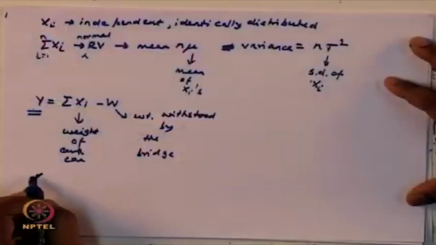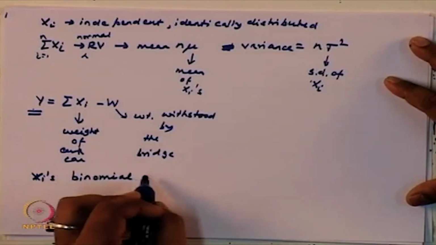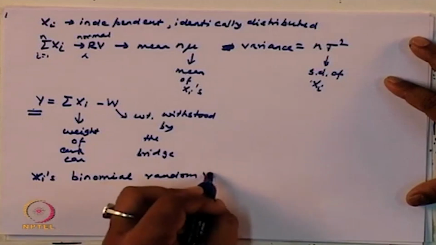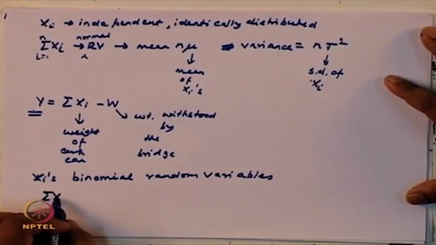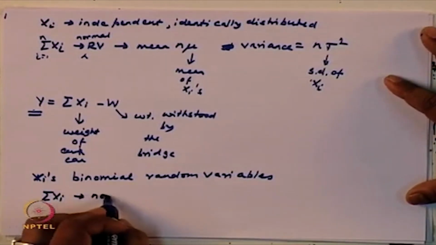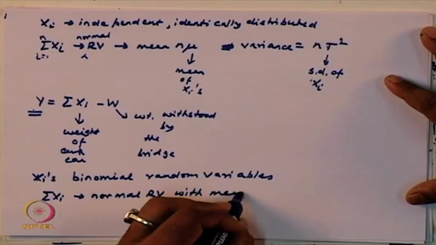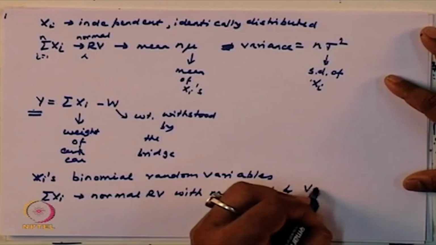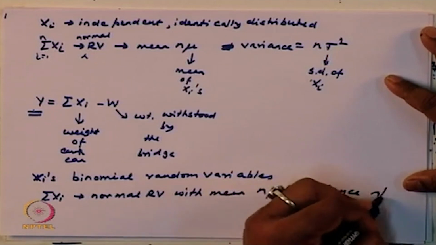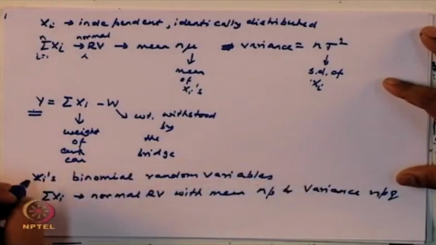So, one thing we had discussed in last class was, if xi's were binomial random variables, then summation xi is a normal random variable with mean n times p and variance n p q, where p is the probability of success for the ith trial.